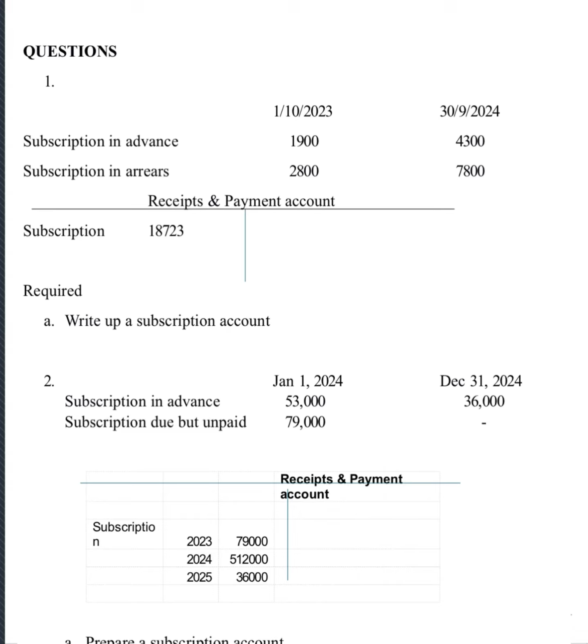And we have subscription in arrears, which is 2,800, and we have 7,800, which is the ending.